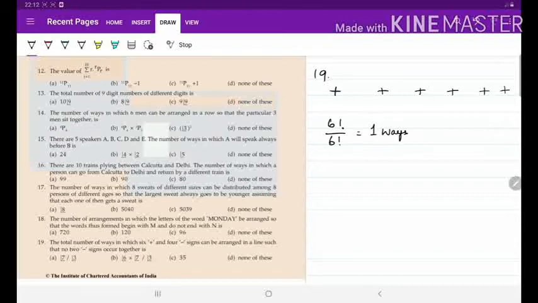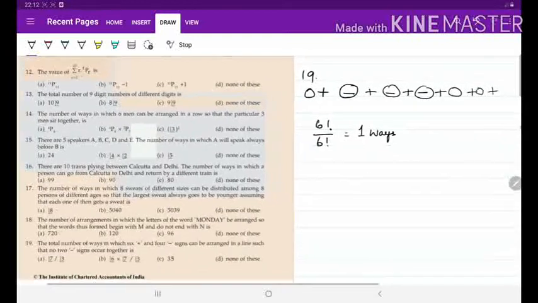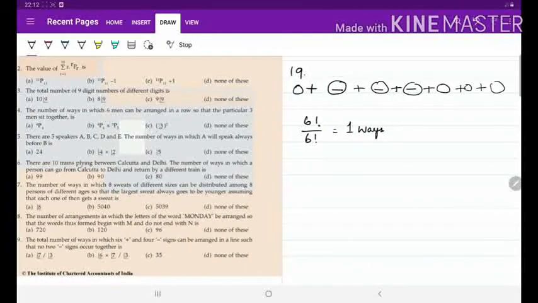And now we are given that there are 4 negative signs, and the condition is that no 2 negative signs occur together. So they should be in between the positive signs. For 4 negative signs, we have 7 different slots in between the positive signs.